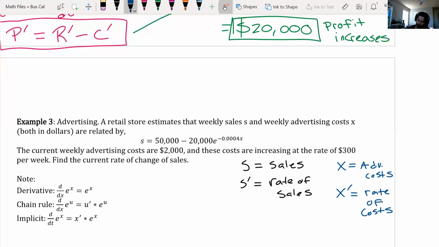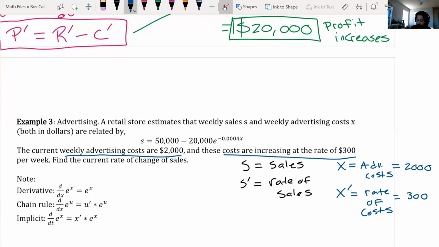Okay. Well, in the problem, it says the current weekly advertising costs are $2,000. So now we know that X is $2,000. And then it says these costs are increasing at the rate of $300. So that means X prime is going to be 300.